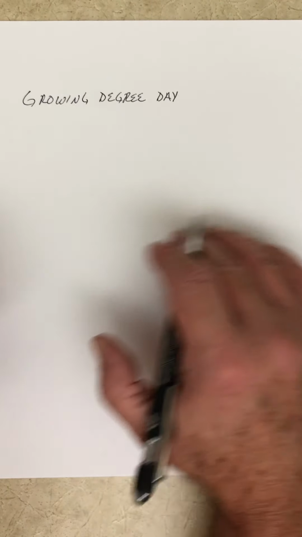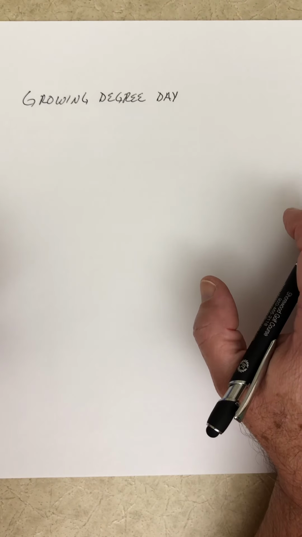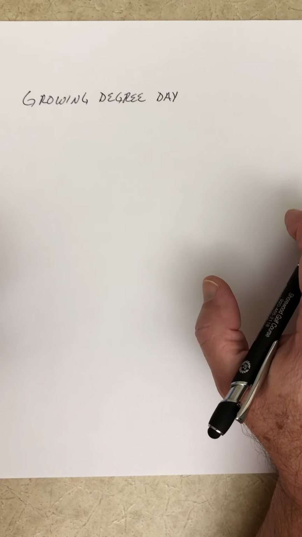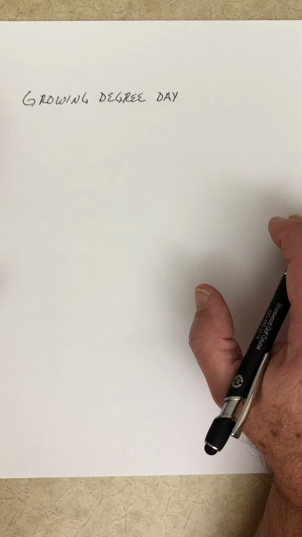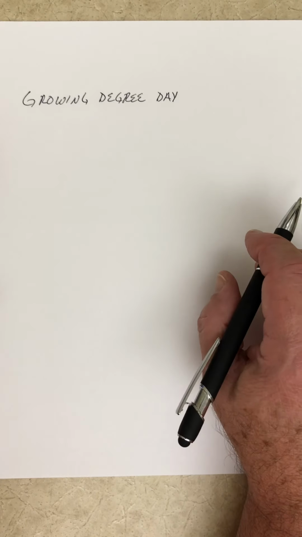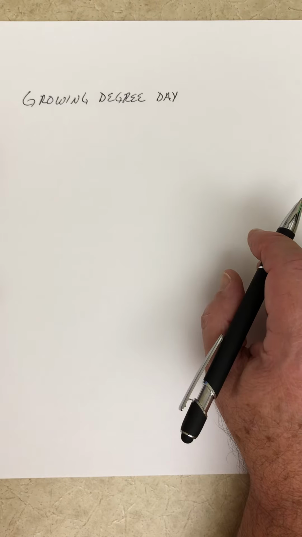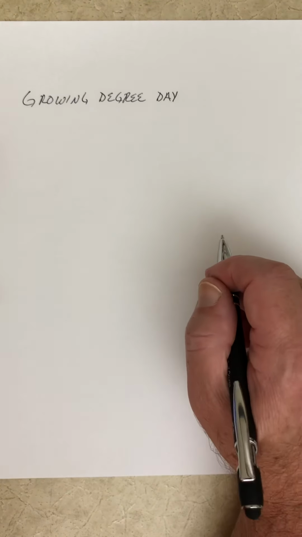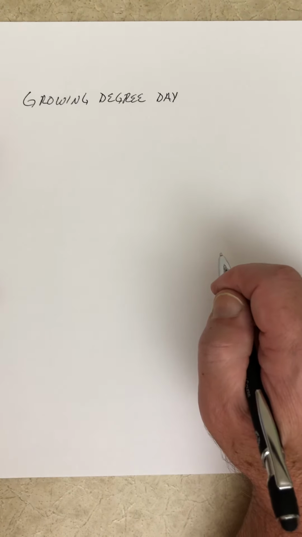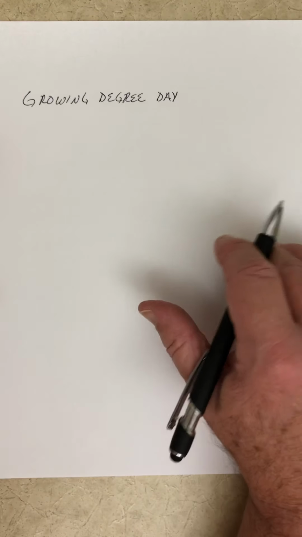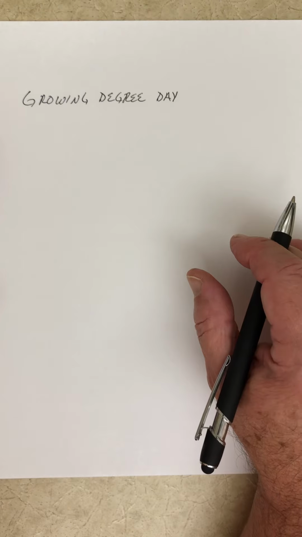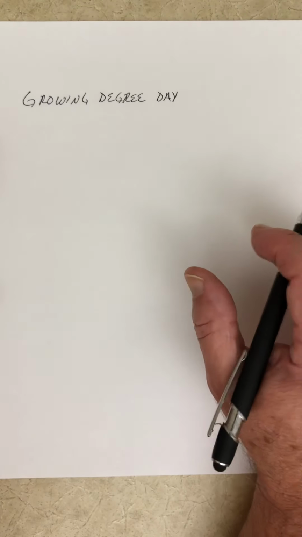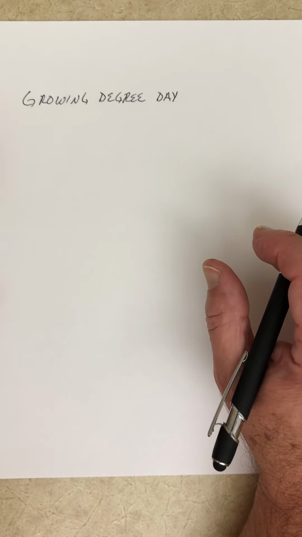And so you want to spread out the harvest time for all of your crops so that you can spread out the canning period. Okay? That's what growing degree days are used for in the agricultural industry, to help get a handle on when crops will be ready to harvest so you can spread out that canning period and not lose crops to rotting, since they're a perishable food item.